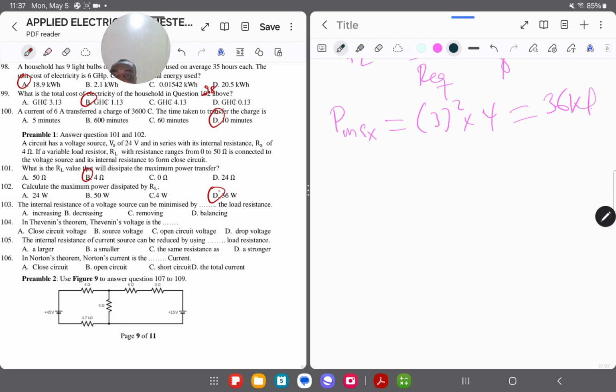If I have a voltage source, for example, Vs, then I have another internal resistance, Rs, okay. We have this kind of circuit diagram, and then maybe we have a load resistor here as well.